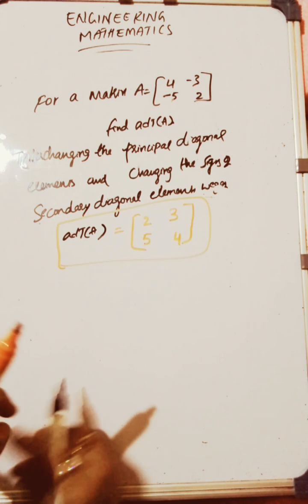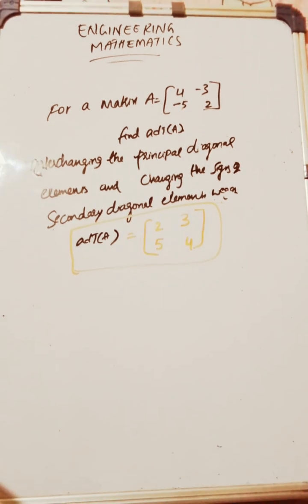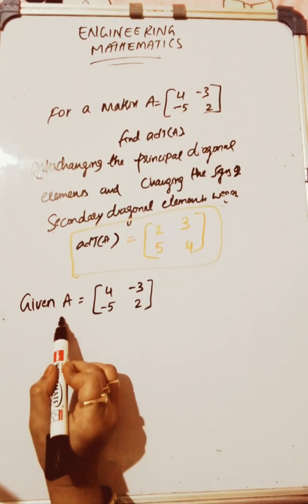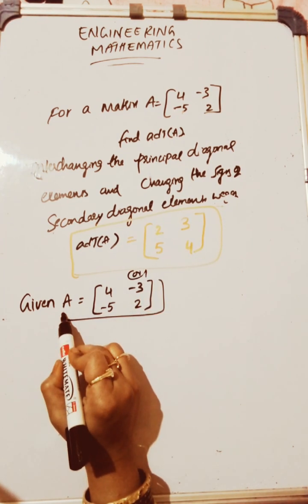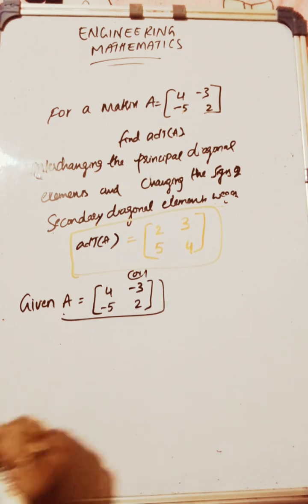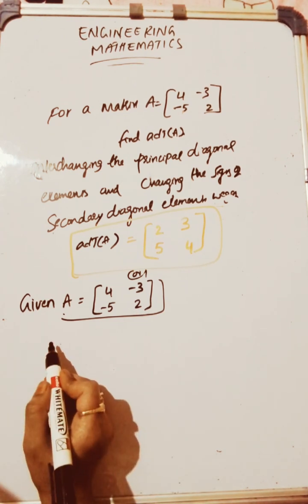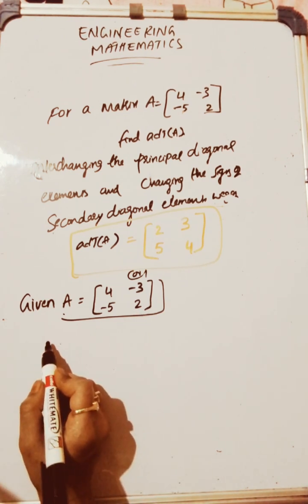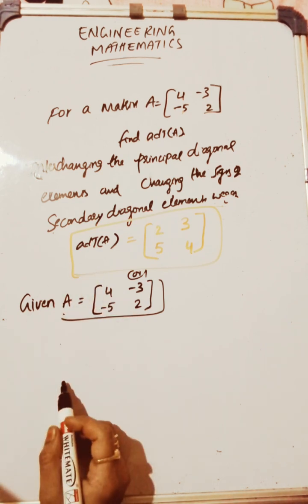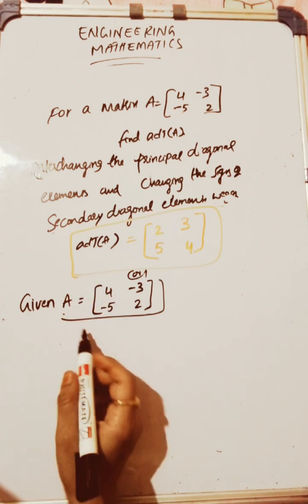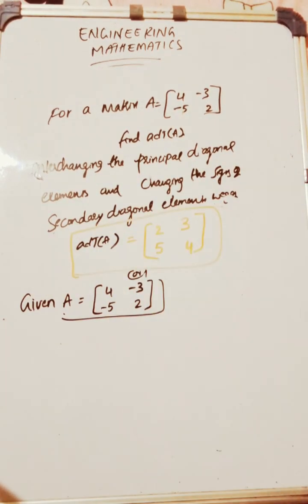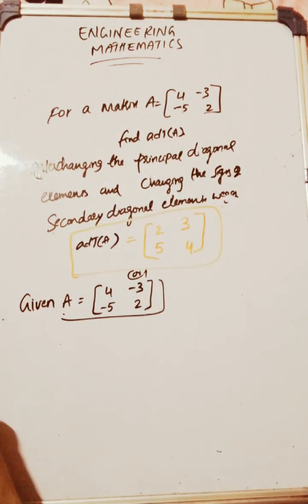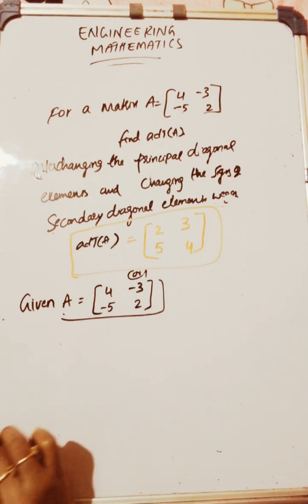Or else we can solve it like this. We are given that A is equal to 4, minus 3, minus 5, 2, and we have to find the adjoint of A. Directly we can write this formula, or else we can find the cofactor of each and every value.